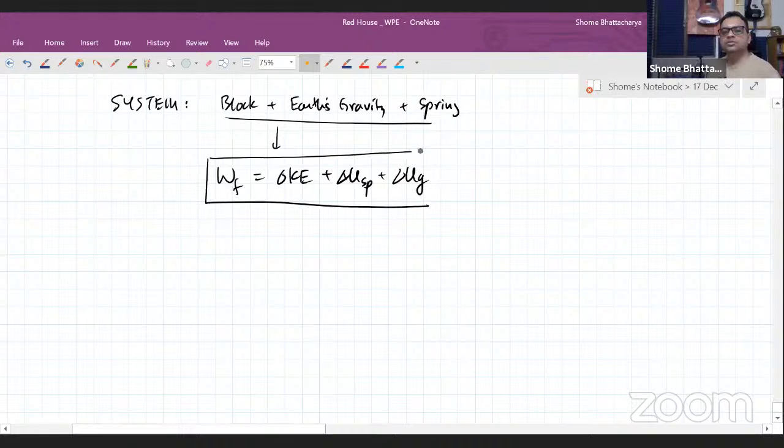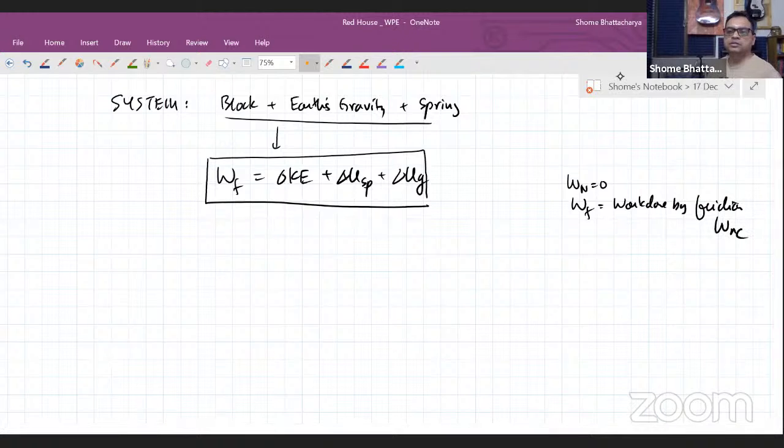Because the normal reaction is the only external force and the work done by normal reaction is zero. And work done by friction is the work done by the non-conservative force.